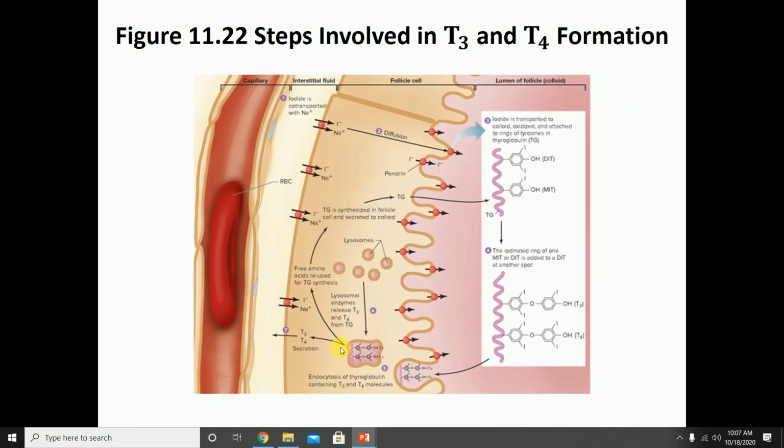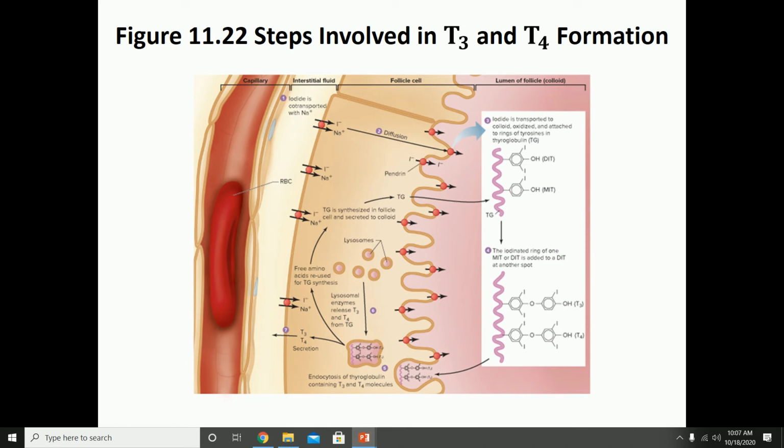And we've added the capillary because that's where the iodide is. Iodide ions are found in the capillary and they have to be transported into the follicular cell. Remember, they are co-transported with sodium. Now that iodide and sodium are both in, we have to get rid of that sodium, so it'll be kicked out through the sodium-potassium pump.